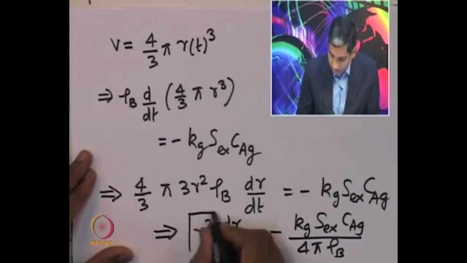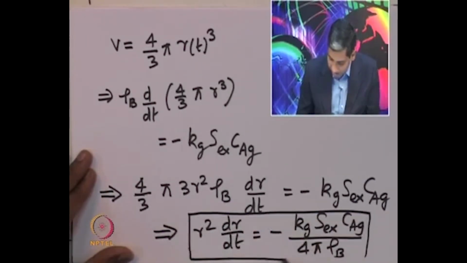So, that is the balance. That describes how the radius of the unreacted core changes with time.